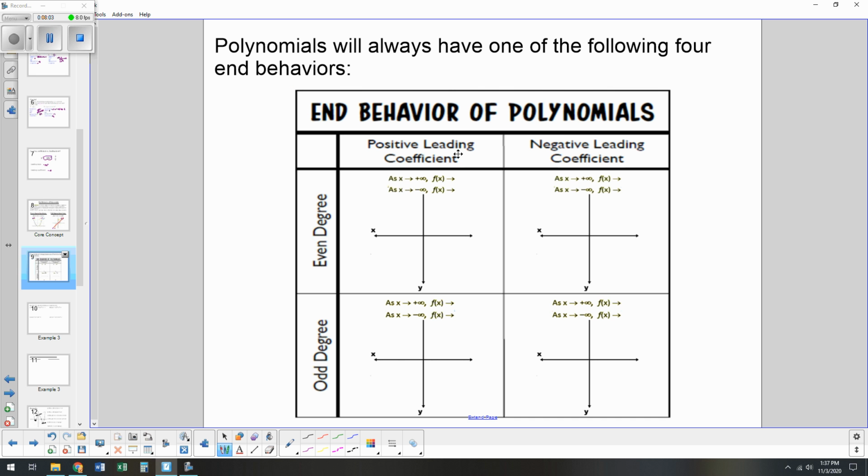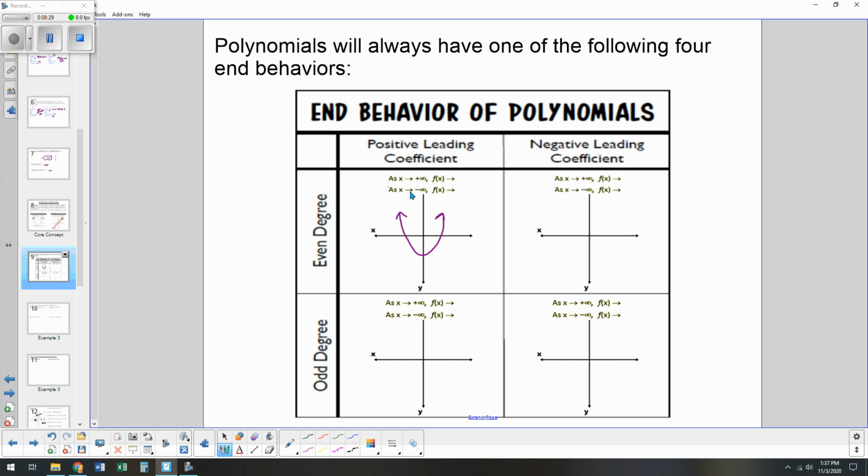We're looking at the leading coefficient being positive or negative, and we're looking at the degree being even or odd. Degree is never going to be positive or negative. It's always positive. So for even positive, it will look something like this. This is not exact, this is just an example. It's going to go both ways the same direction, and they're both going positive. The arrows are pointing up.